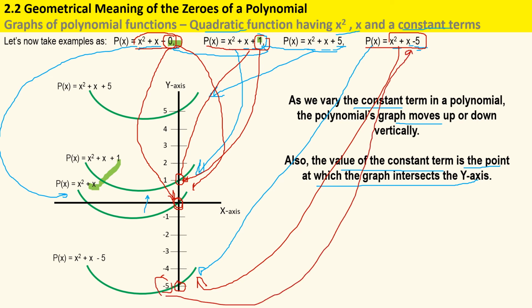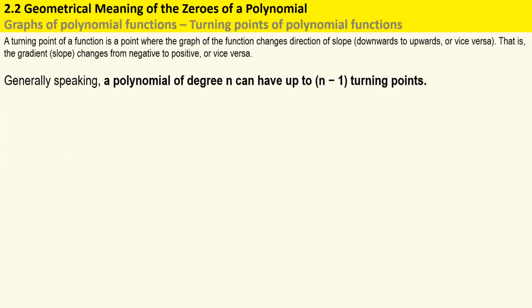So I will repeat here that as we vary the constant term in a polynomial, the polynomial's graph moves up or down vertically, and the value of the constant term is the point at which the graph intersects the y-axis. Now we have also seen how the graphs of different polynomials look. We have seen the quadratic polynomials, constant functions, and the linear polynomials or linear functions.